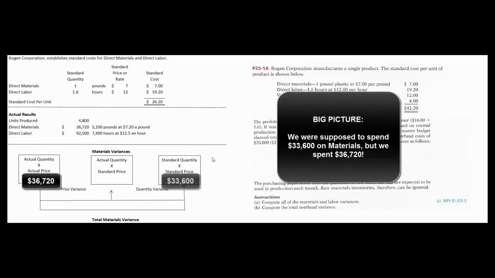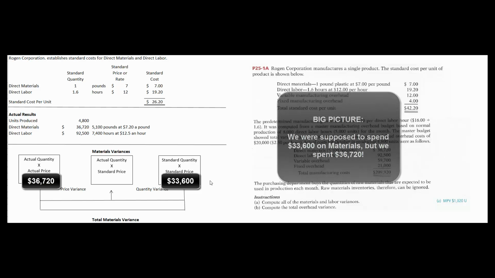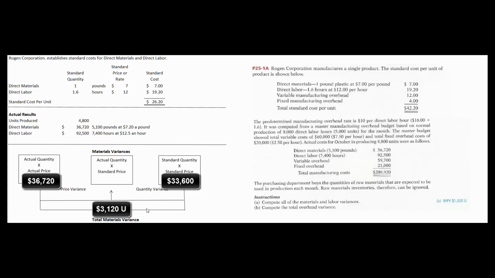So this box out here is 33,600. So we take the 36,720 that we actually spent, we subtract the 33,600 we were supposed to spend, and we get a total materials variance of 3,120. Since that's a positive number, that means the actuals are greater than the standards, so that's an unfavorable total materials variance.